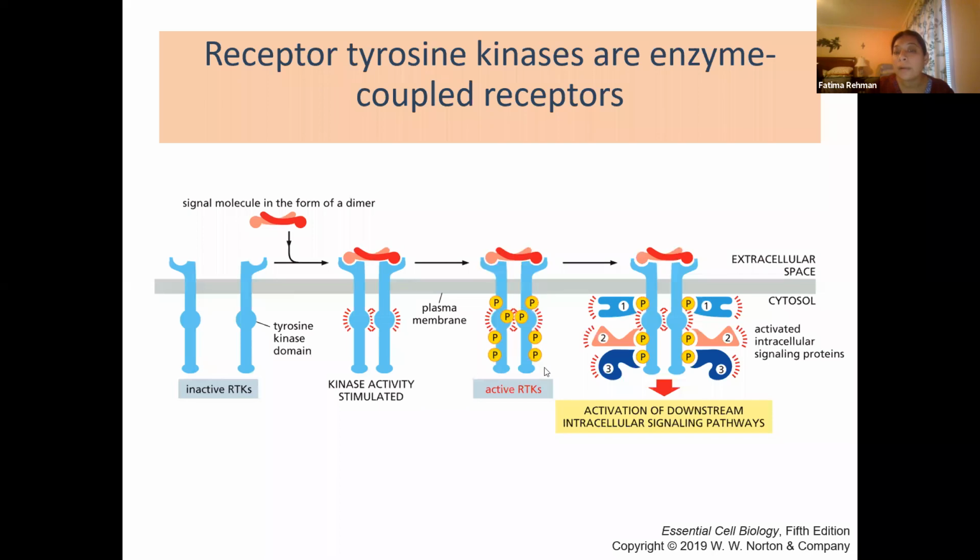And each one of these phosphorylations can activate a different intracellular signaling protein. Now, depending upon the type of cell you're looking at or the environmental stimuli you receive, sometimes all of them may be activated. Other times, maybe just one or two of them are going to be activated. But the phosphorylations that happen along that intracellular arm regulate which intracellular molecules are going to be activated from there. And then those pathways are going to be activated downstream.